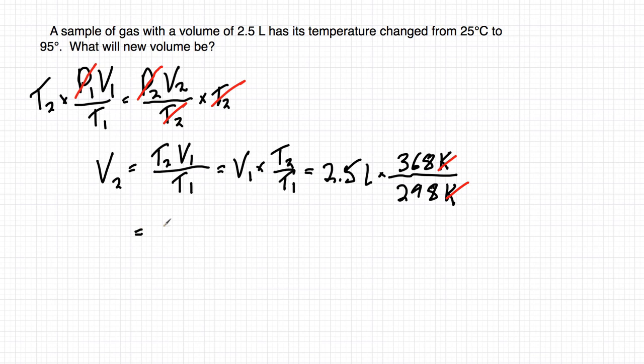And we're allowed two significant figures in this problem, and so what I get is 3.9 liters. And we can also do a reality check on this. Well, the volume did indeed go up, and the temperature went up, and volume and temperature are directly proportional, so that's kind of what we would expect.